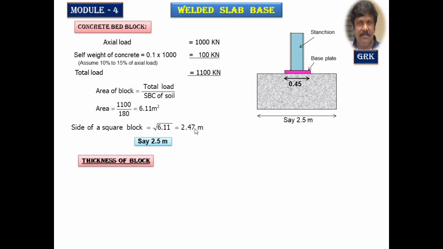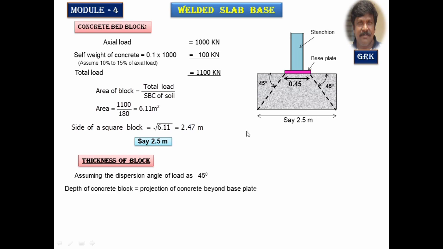Let us find out the thickness or the depth of the concrete block. We know that the dispersion angle will always be 45°. It reaches to the bottom. This depth will be equal to this projection. Here I have taken the lower value to get the maximum projection.